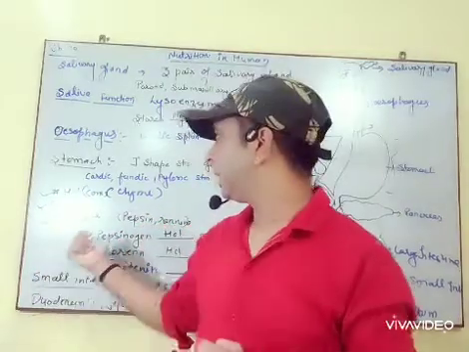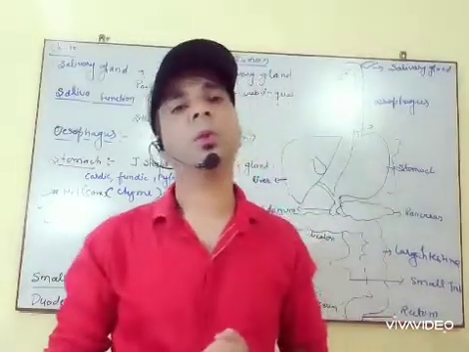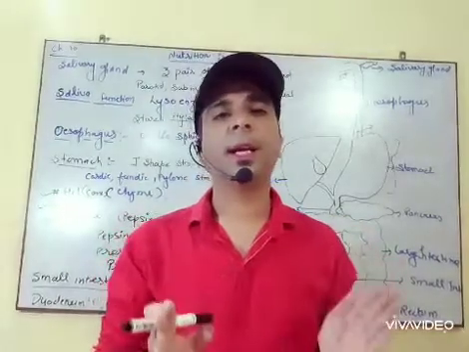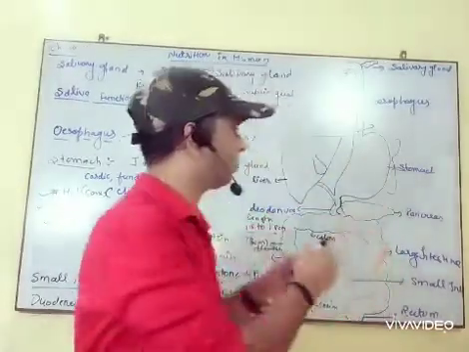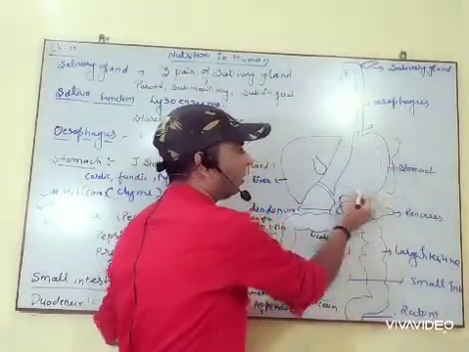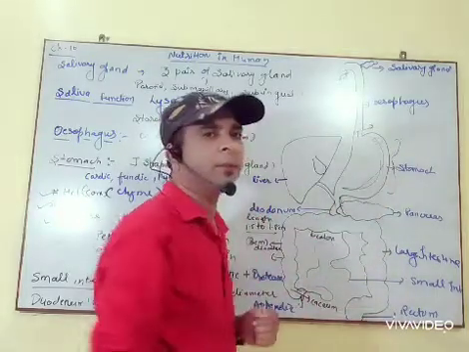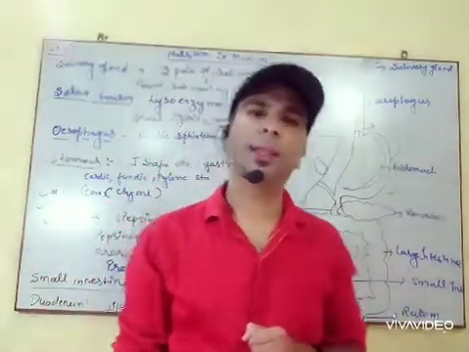Third thing, that is mucus. What is the role of mucus? Mucus can protect the inner wall. This wall. Mucus can protect the wall of the stomach by action of HCl.